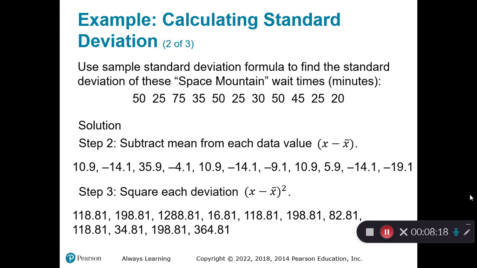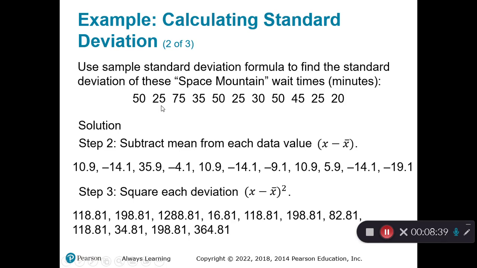Now we're going to subtract the mean, which we denote as X bar, from each of the original data values. So the mean was 39.1, so we're going to do 50 minus 39.1.